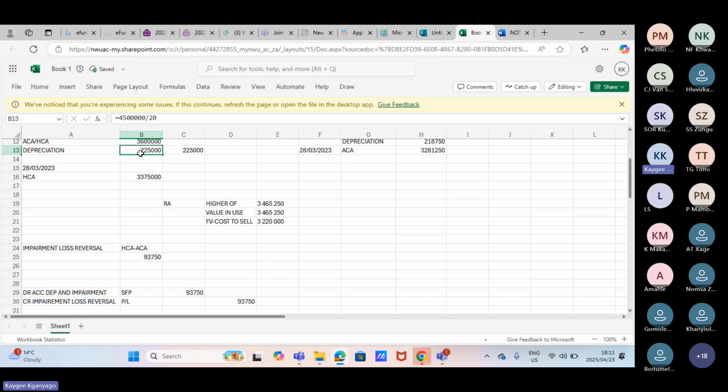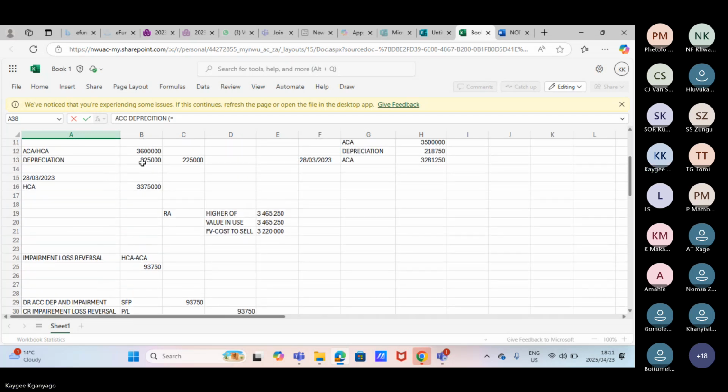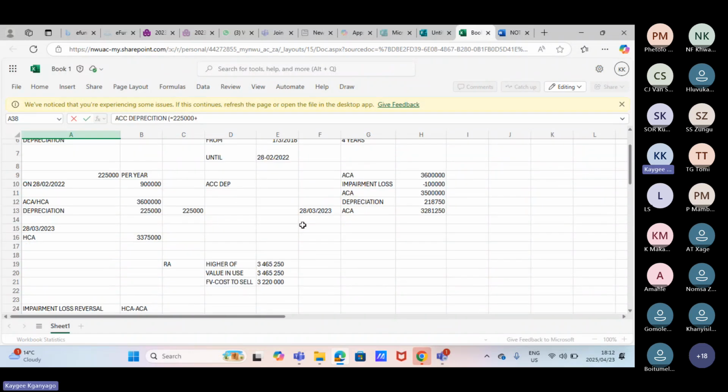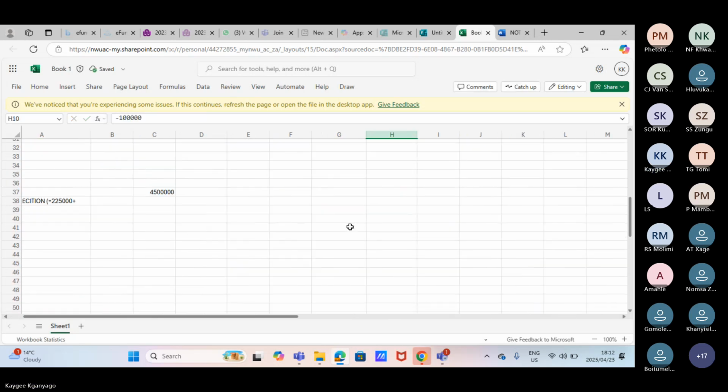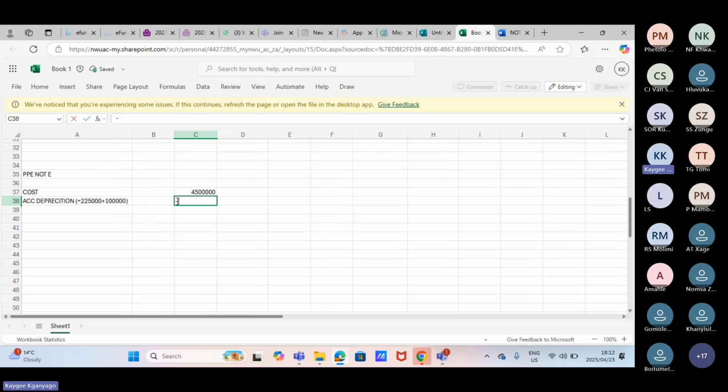What did I do now? 225,000 plus, remember that impairment loss that occurred at the end of the prior year. This 100,000 plus 1,000. How much is it? 325.